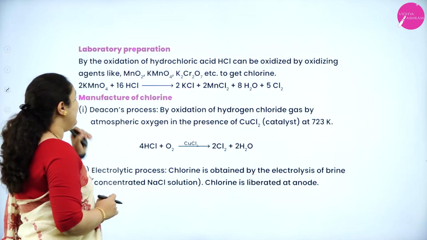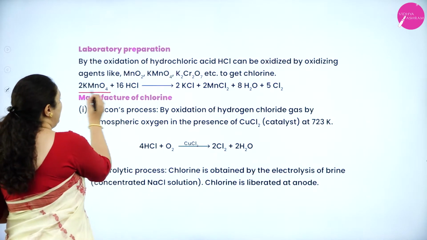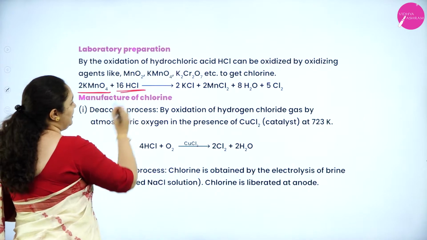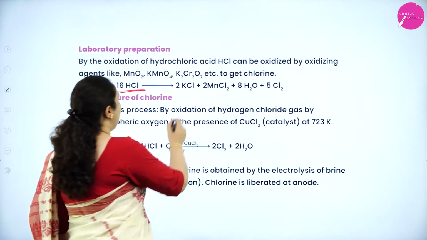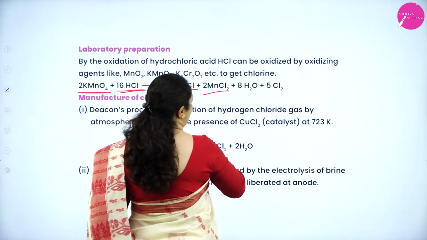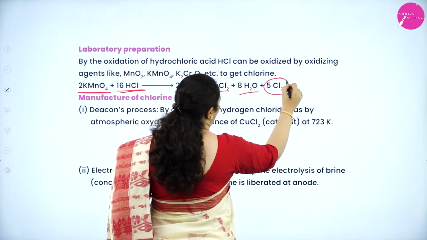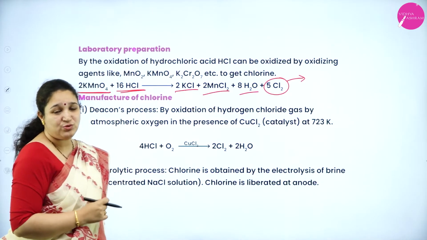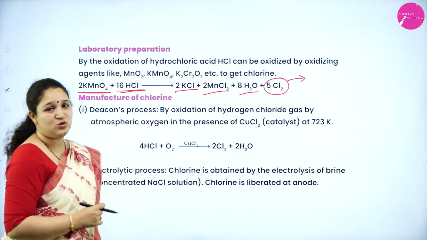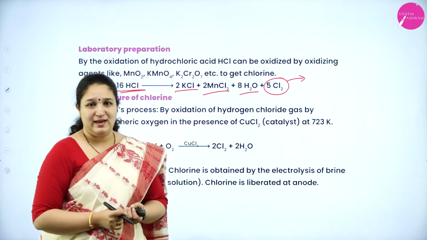Next, in the laboratory method, you take potassium dichromate, treat it with hydrochloric acid, that is HCl, you will get potassium chloride, chromium chloride, water and chlorine gas is liberated. We can also use potassium dichromate to get chlorine gas.